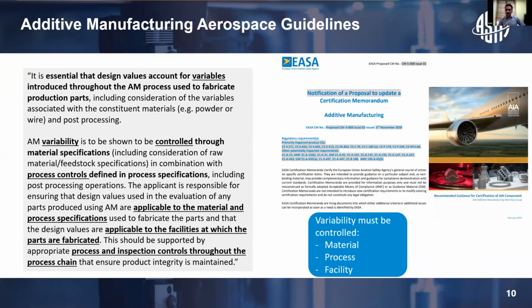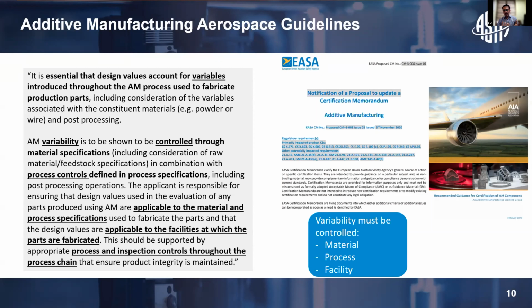It has to make sure that the parts satisfy all those specified requirements set by the organization or set by the functional requirements of that particular part. So most of the time when we design a part, we use design values for, let's say, its mechanical properties, for other functional aspects. So you design a part based on these values.